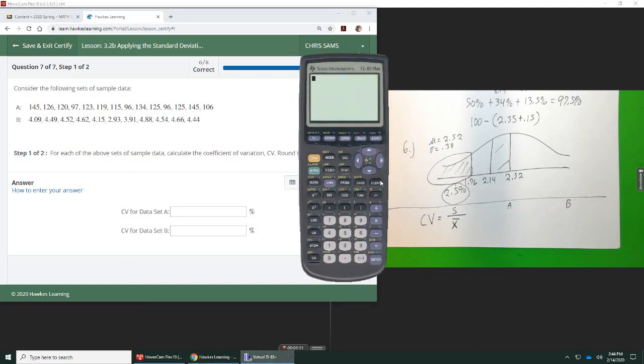So in our calculator, clear, on the stat, enter on edit, we're going to insert the first set of data. So 145, 126, 120, 97, 123, 119, 115, 96, 134, 125, 96, 125, 145, 106.